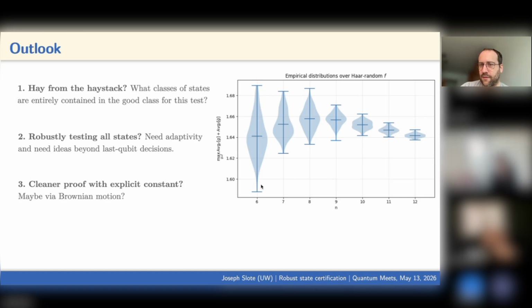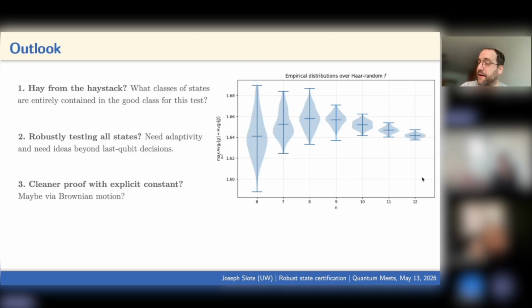So what is this plot of? As the number of qubits grows, take a Haar random state and figure out the maximum acceptance probability times 2. And it seems to be decaying. In experiments, it seems to settle around 0.16 instead of 2.